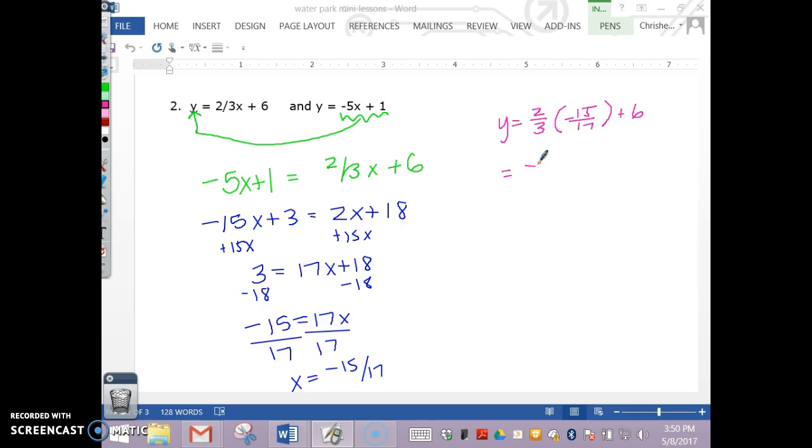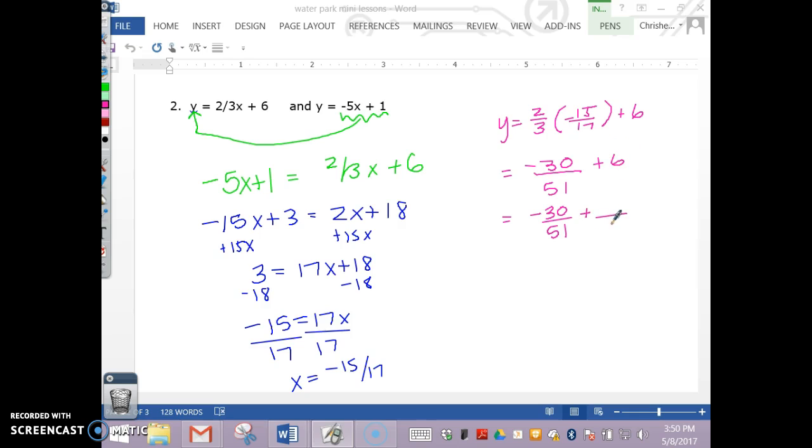2 times 15 is negative 30. 3 times 17 is 51. Oh, goodness. Got to get my common denominator here. 51 times 6. Anybody? Oh, I guess I can do this.